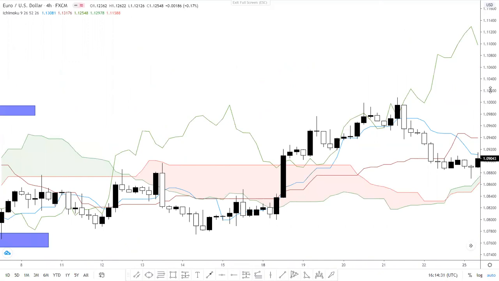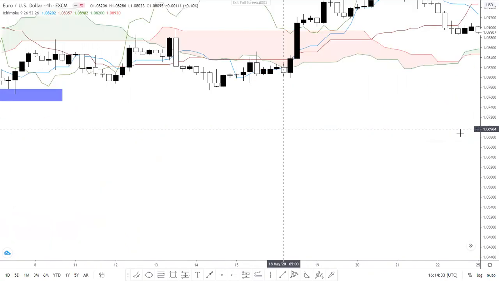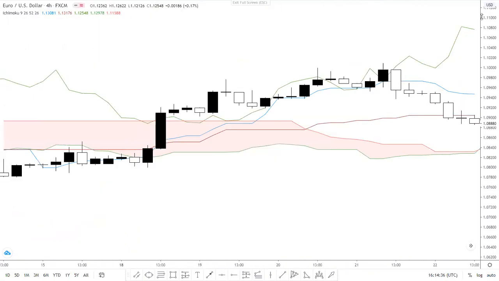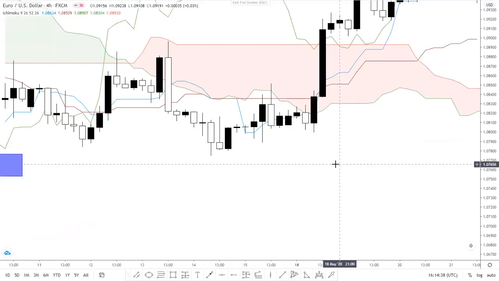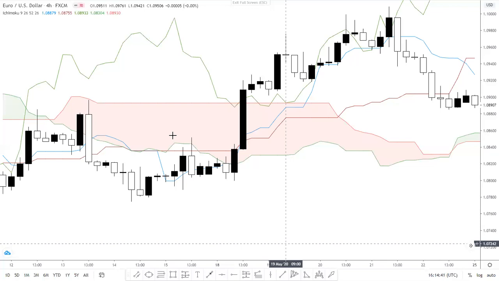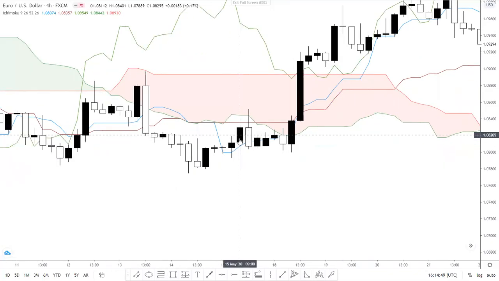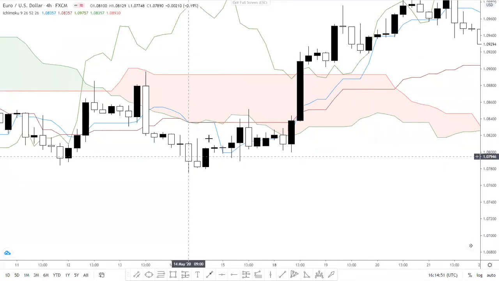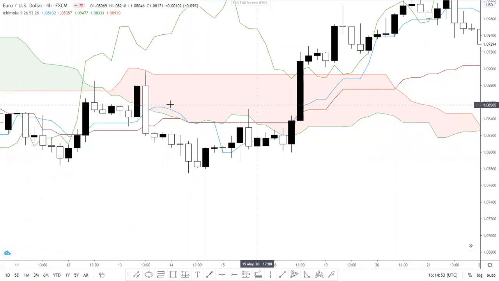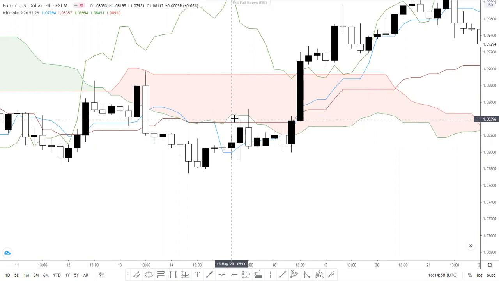Whenever you have a region, let me zoom in. This time my settings were red. Red means this region is a selling region, a region where we have more selling pressure compared to buying pressure.